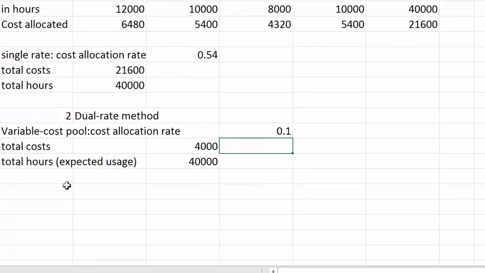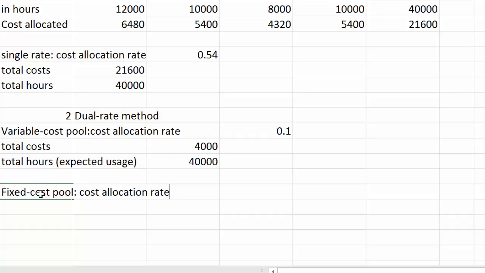Then also we're going to do the fixed cost pool. So we have the cost allocation rate, then we have total cost, then we have total hours, and this time we're using the practical capacity.